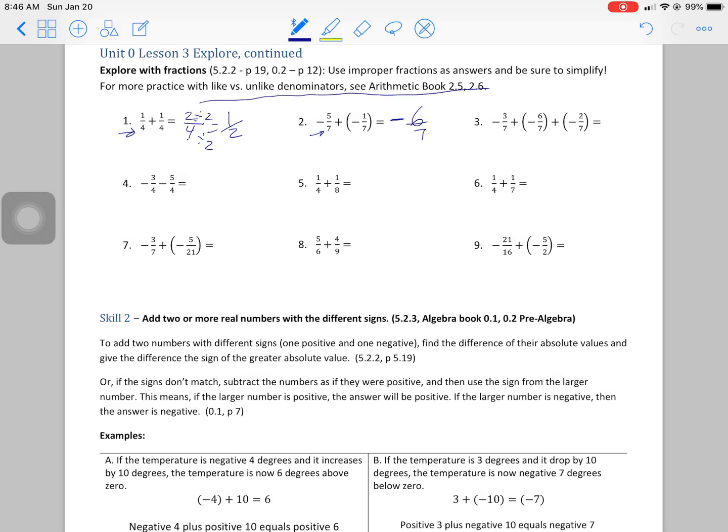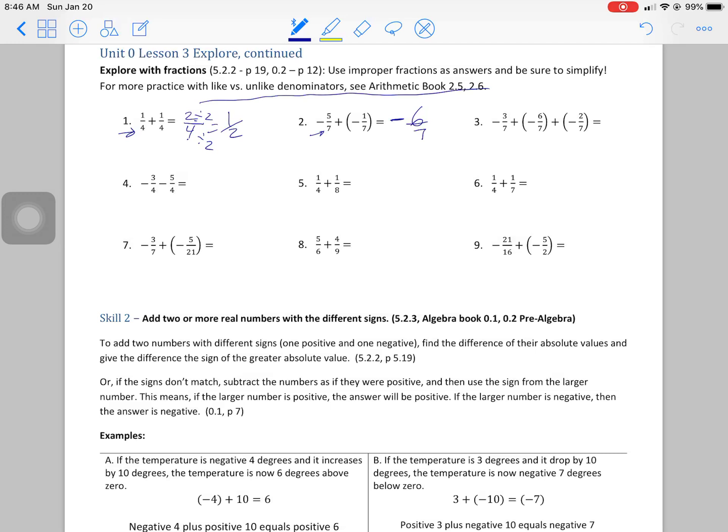Some people like to add them sort of this way. They do a vertical, whichever way you want to do that comes out to be the same way.